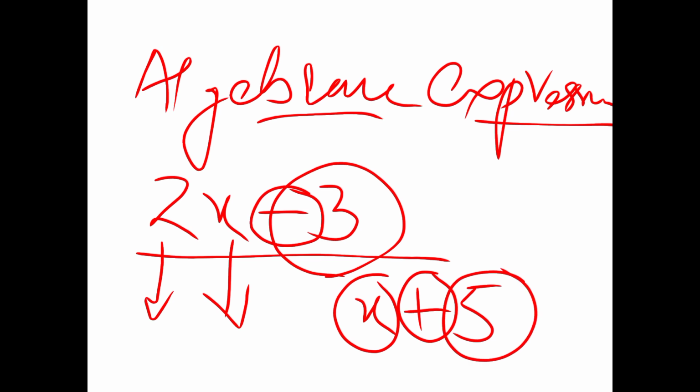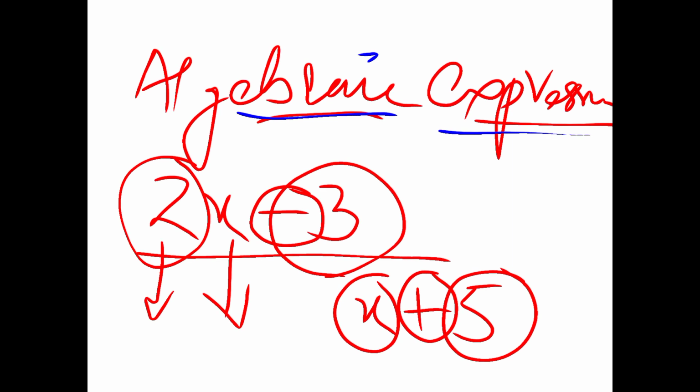Then there's an integer constant 5 here. You can see it is 2 here, and it is 3 here. So if you encounter such expressions, all these are called algebraic expressions, not equations, right?